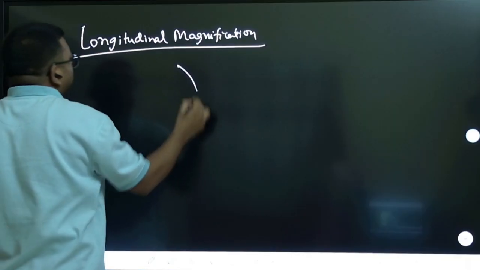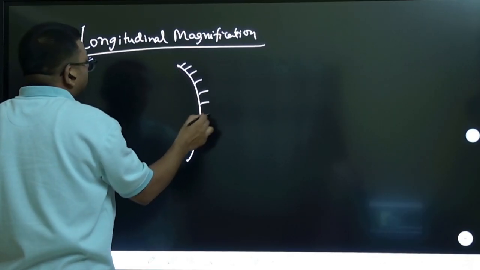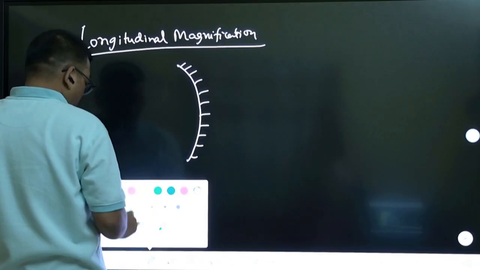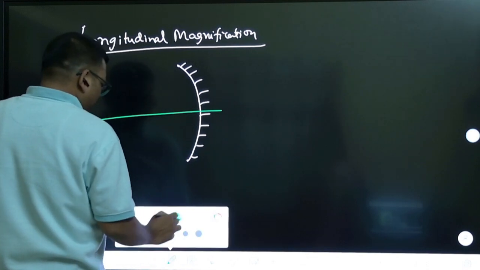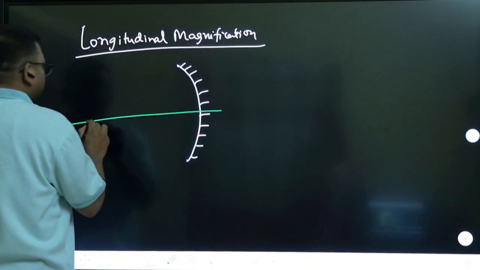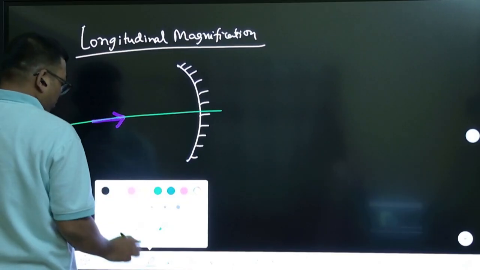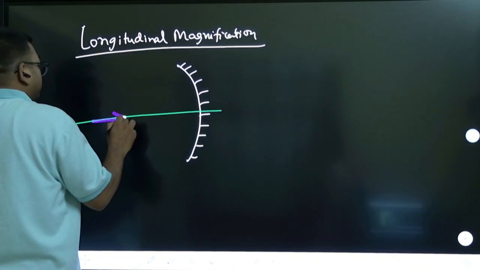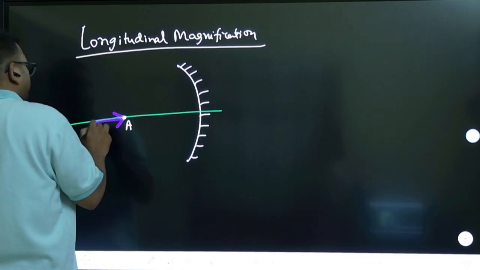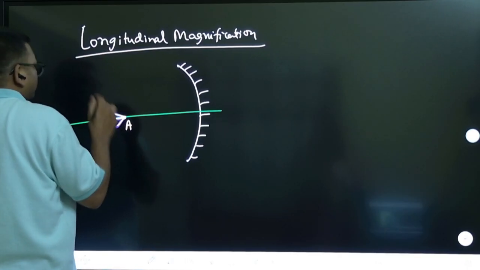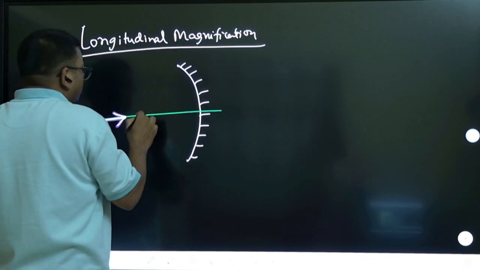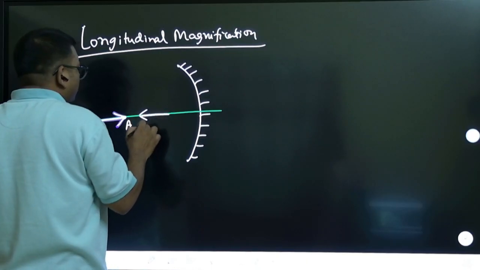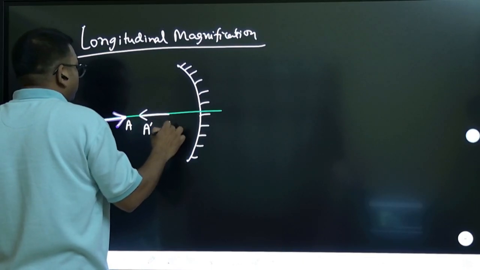Longitudinal magnification means, suppose this is a concave mirror or convex mirror. This is the principal axis. We are keeping the object along the axis like this. Let us consider this point is A and this point is B. When the image formation happens, we get A dash B dash.